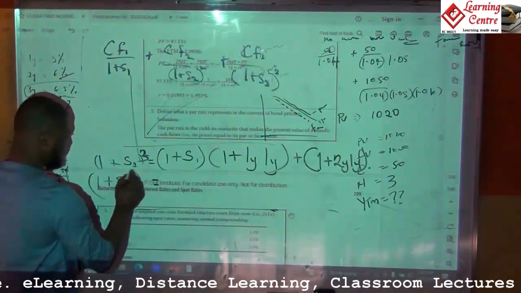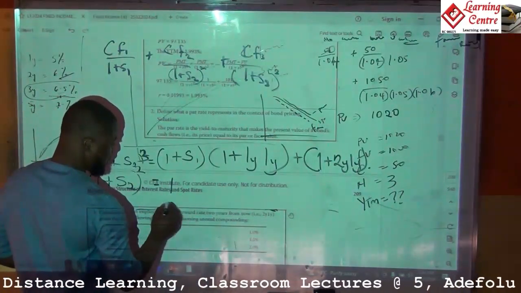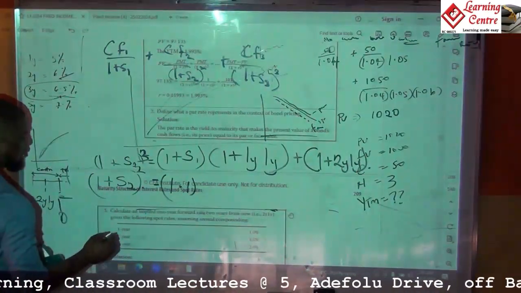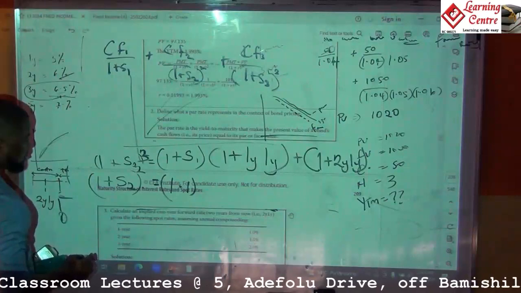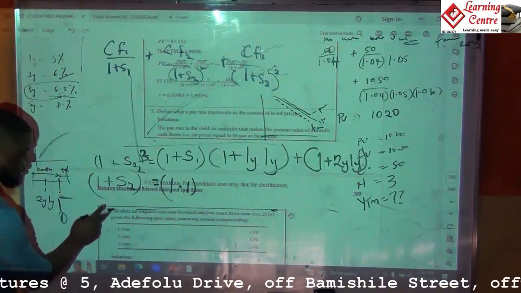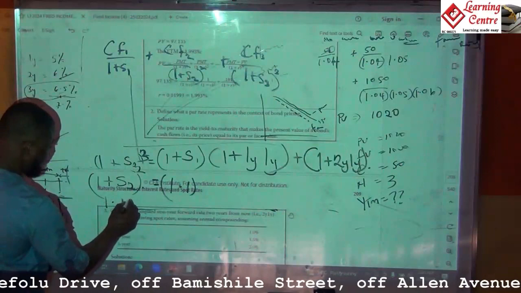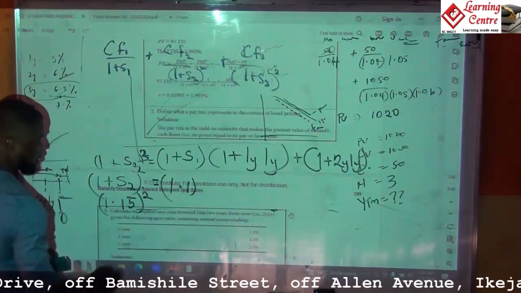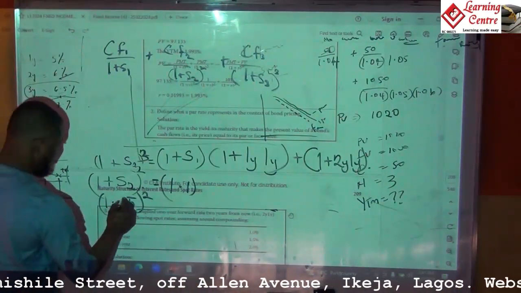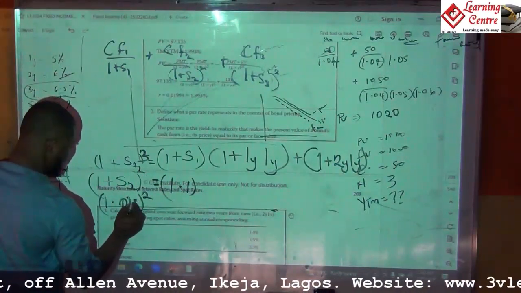Squared is equal to 1 plus, that's 1.1. Right? Yes. So now what's this? 1.15, that's 1.05, not 1.015.